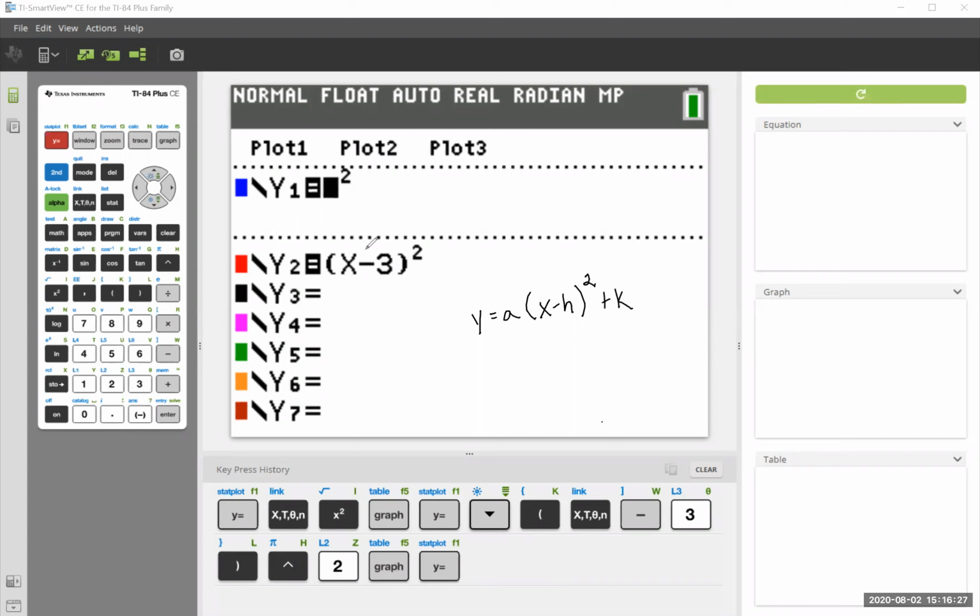So if I were rewriting this function, I would say that this is y is equal to x minus positive 3 squared. And then I don't have a plus k, but we could say that this is plus 0. So again, the subtraction sign that you're seeing there is pre-installed. What comes after that subtraction sign is a positive 3. So this is why we move over to the right 3 units.